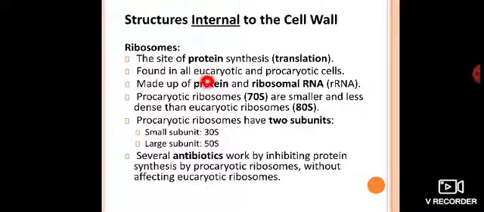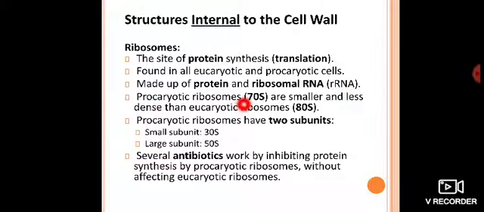Second, it is found in both eukaryotic and prokaryotic cells. It is made up of protein and ribosomal RNA, rRNA. The ribosome is synthesized by two essential components: first protein, and second ribosomal RNA.